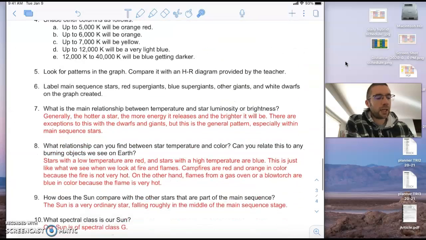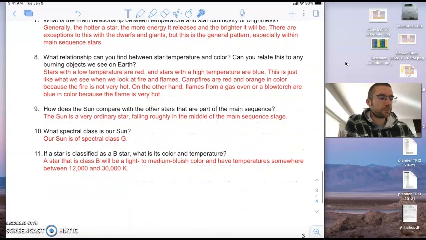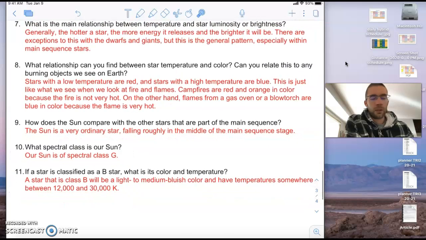Hopefully, if you related this correctly, when you take a look at a campfire, or let's say a Bunsen burner, or a gas fireplace, at the very source of the flame, when you get closer and closer to the source, the color of that flame is blue, especially with a gas fireplace.